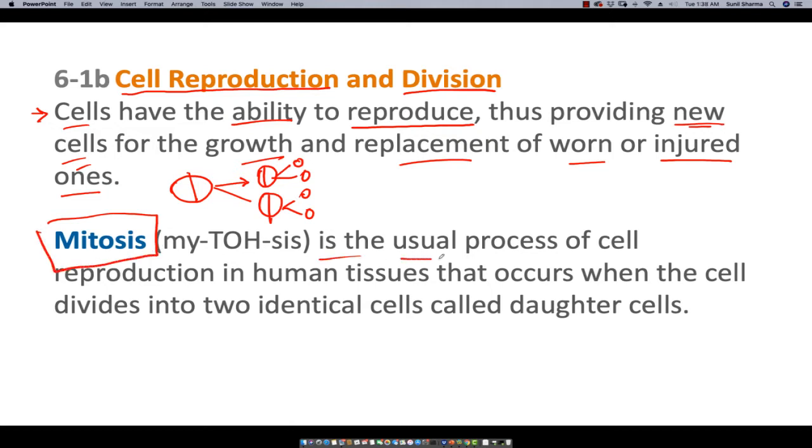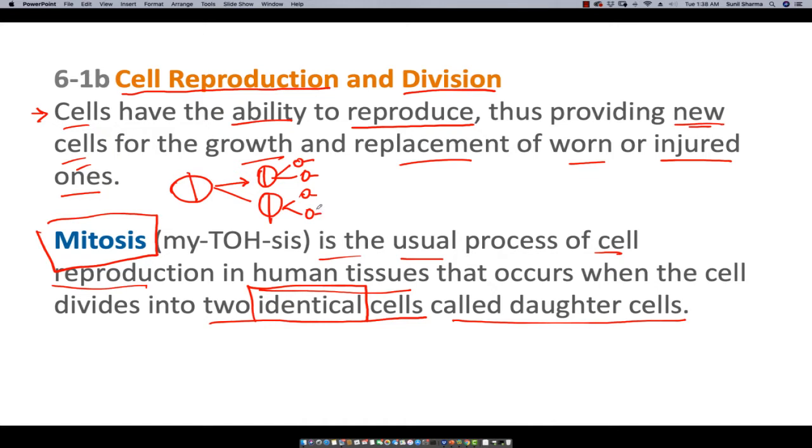Mitosis is the usual process of cell reproduction in human tissues that occurs when the cell divides into two identical cells called daughter cells. And when we talk about identical under mitosis, then the resulting DNA is the same. So each of them has the very same DNA and same function, same capacity.